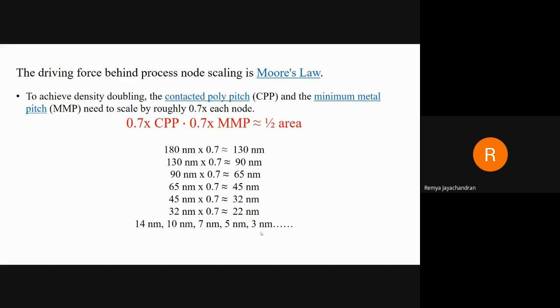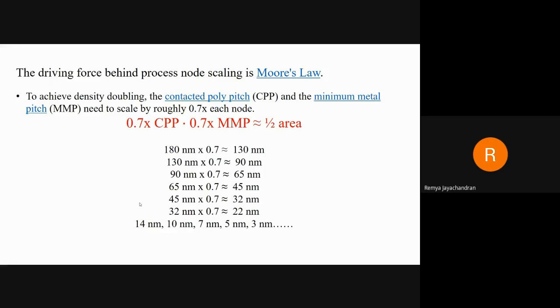In all this, the most challenging thing is the fabrication of this device. As the device is scaled down, that means the feature size of the transistor is reducing, we require different equipment for the fabrication process, equipment for lithography.